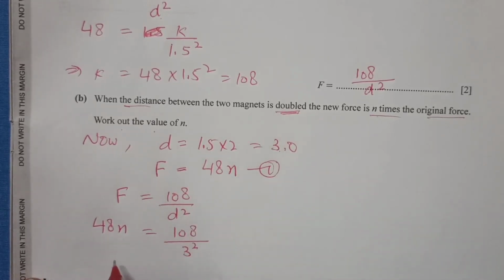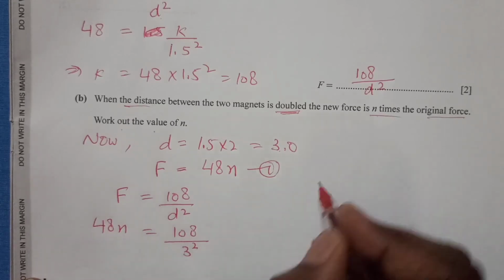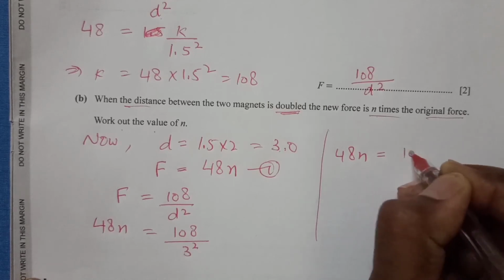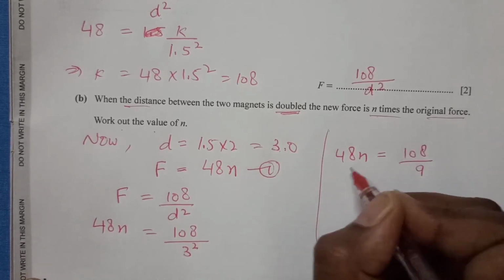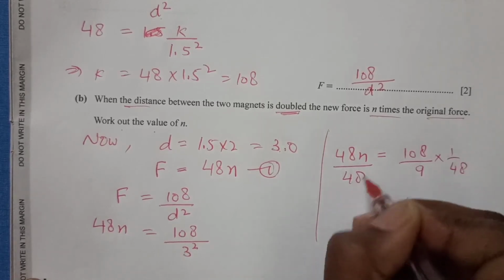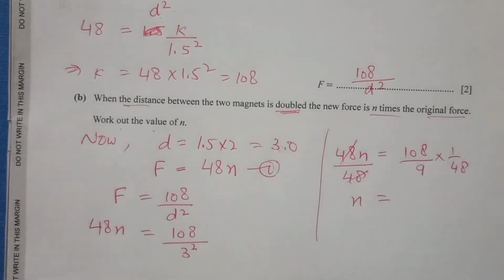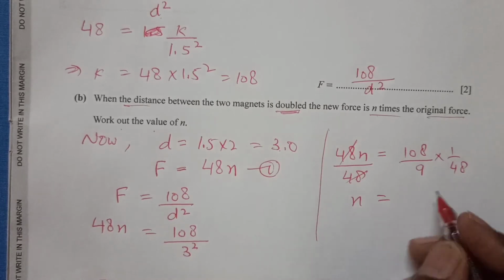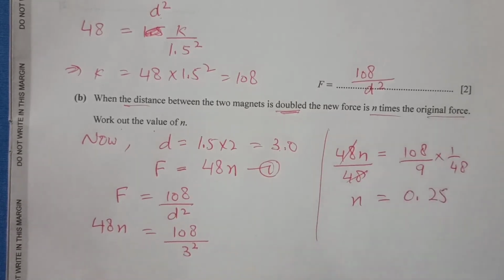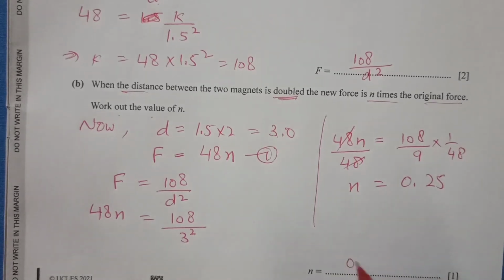So now we can simplify: 48n equals 108 over 9. Divide by 48 on both sides. So n, when you calculate this, comes out to be 0.25. So n is 0.25.